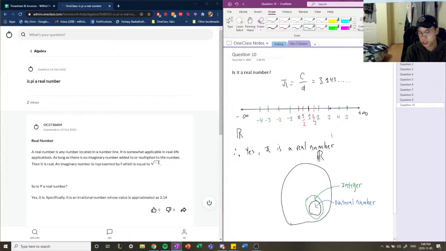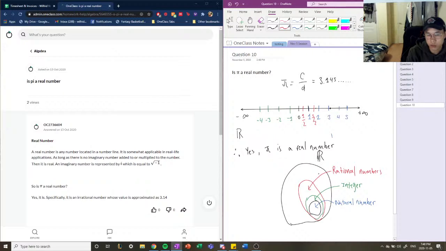As you can see by this illustration, we have a bigger circle around these two circles that explains the rational numbers.